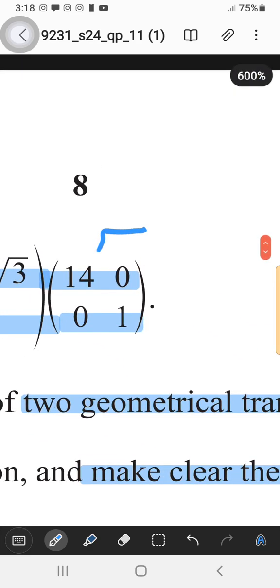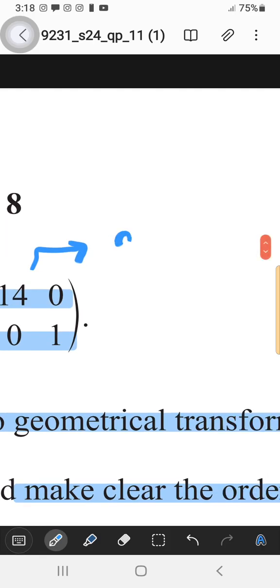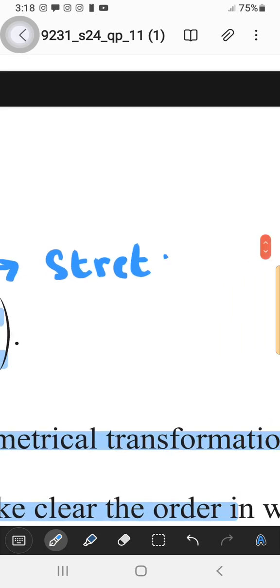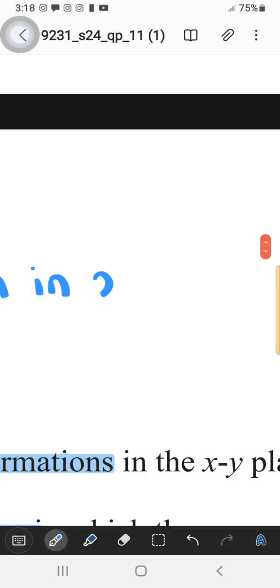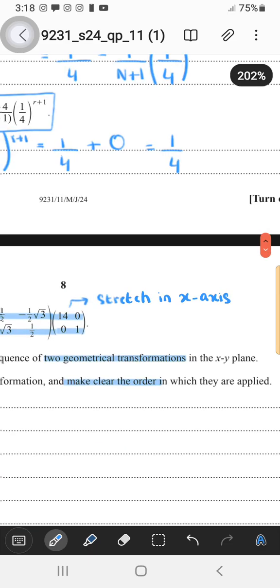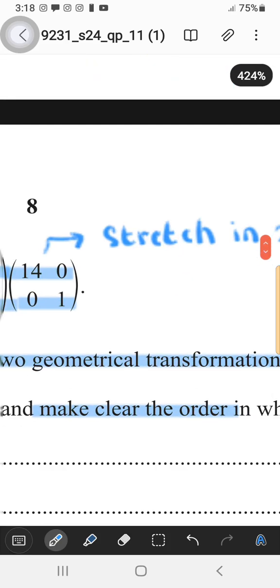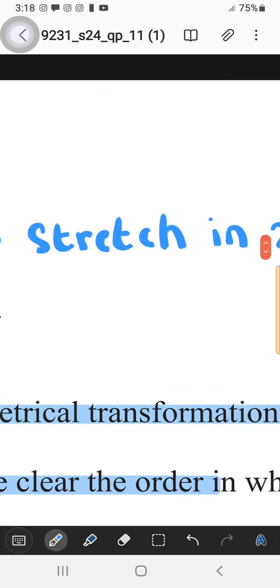This is a stretch in x-axis. Let me tell you how we can tell whether it is a stretch in the x-axis or the y-axis.